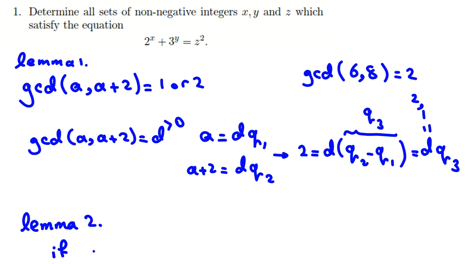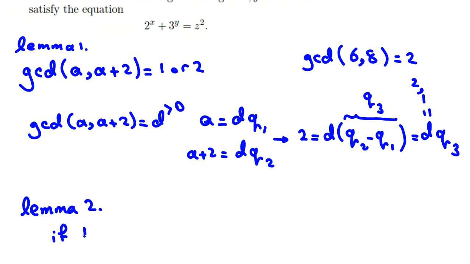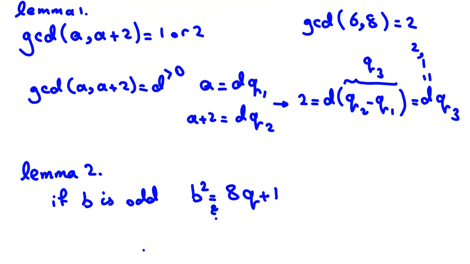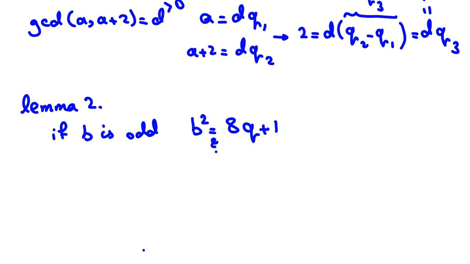If B is odd, then B squared is 8q plus 1. It means that when you divide B squared by 8, the remainder is 1. So let's prove lemma 2.